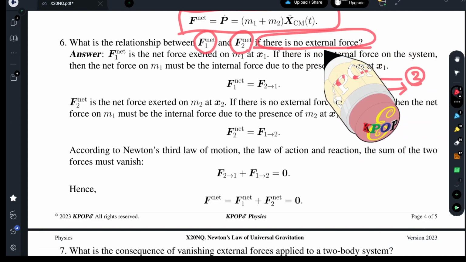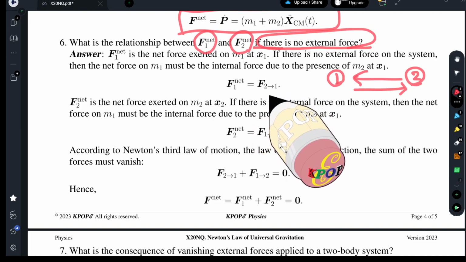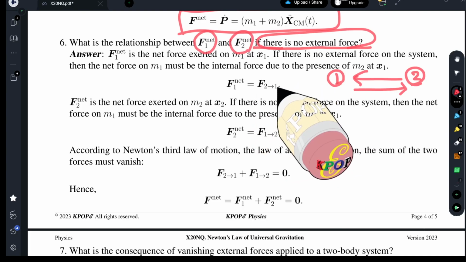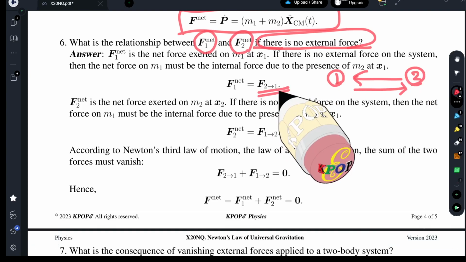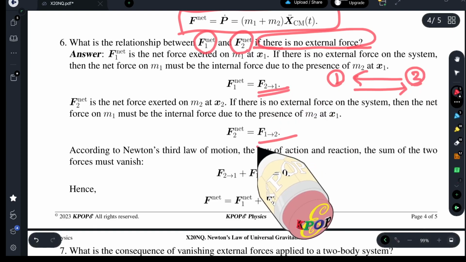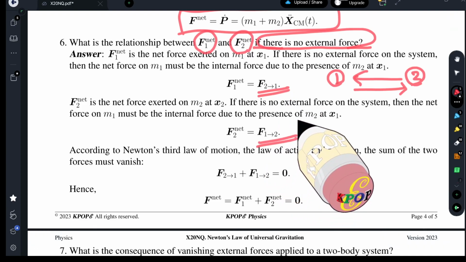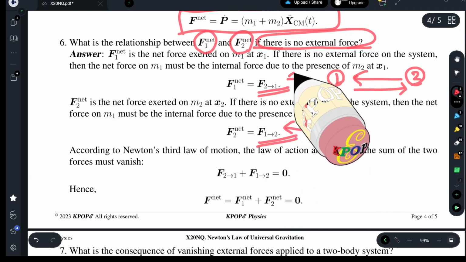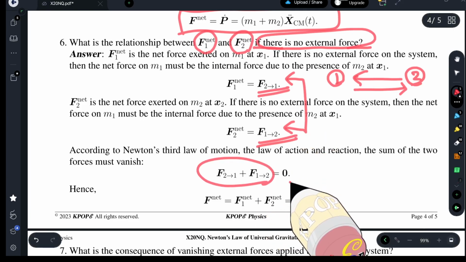According to Newton's third law of motion, that is the law of action and reaction, the force applied by particle 2 to particle 1 and the force applied by particle 1 to particle 2 are the same in magnitude and opposite in direction. So their algebraic sum must be a zero vector.